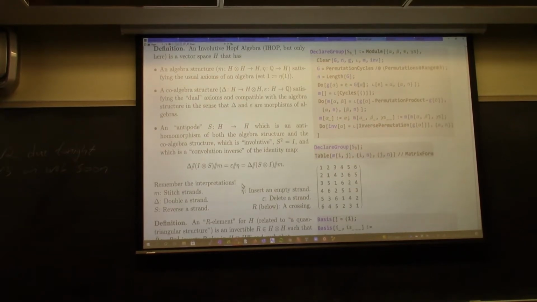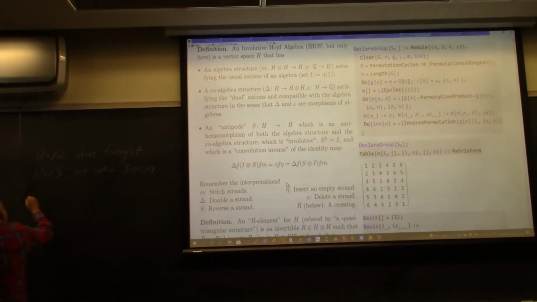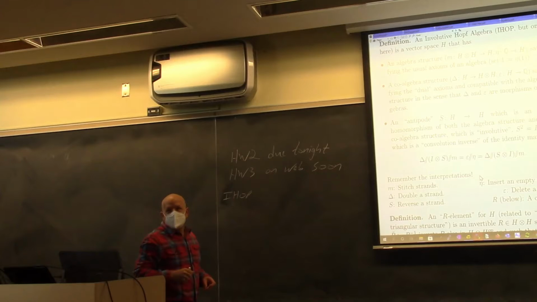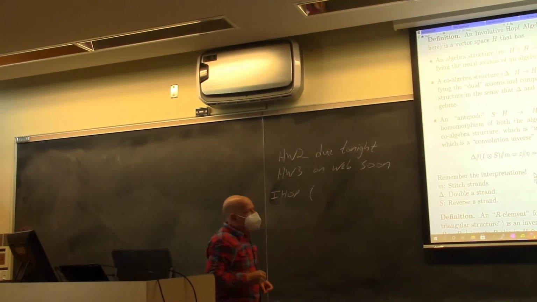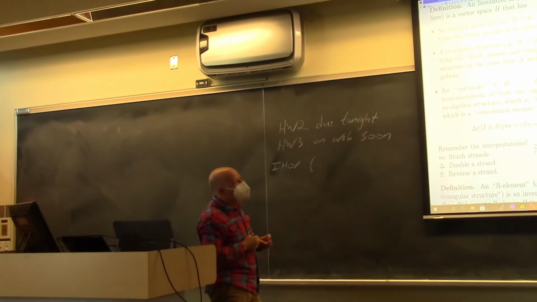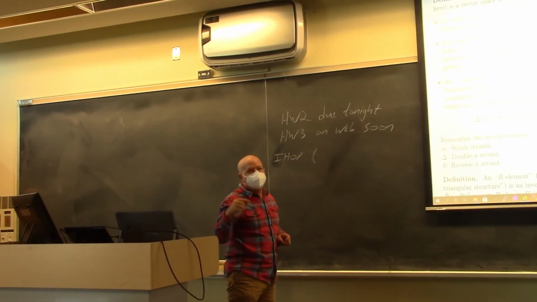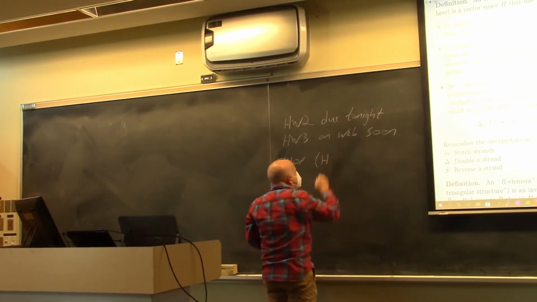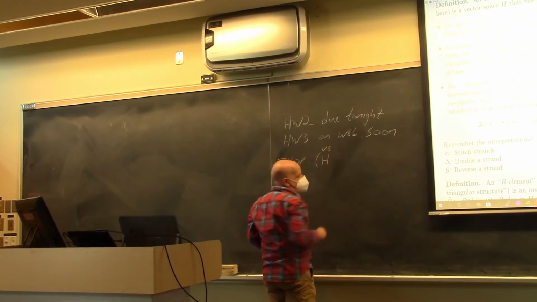An involutive Hopf algebra, an IHOP, is a 6-tuple of things. Last time I called the first one D, and I changed my mind. I want to call it H, and it's a vector space.